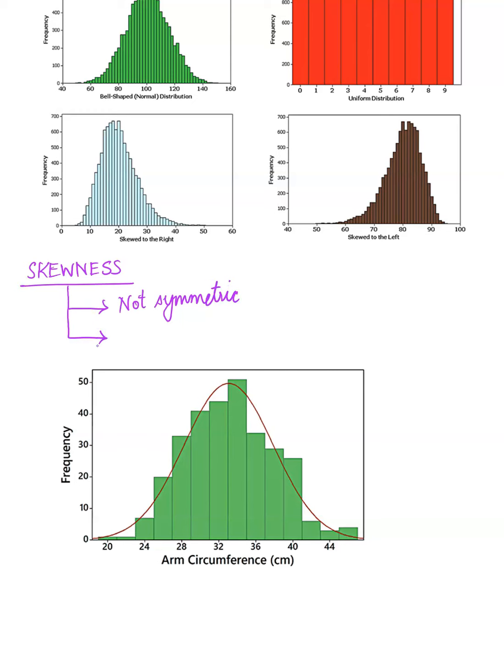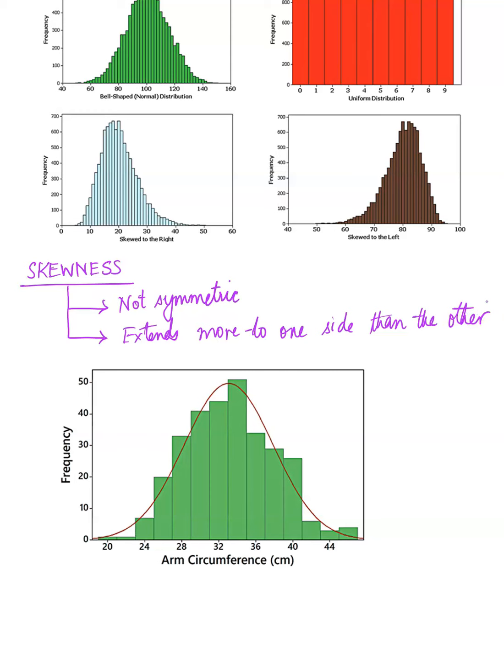So that's how you'd notice: even if it's got the bell shape, is it symmetric? Skewness extends more to one side than the other. So in skewness, we have skewed to the right and skewed to the left.